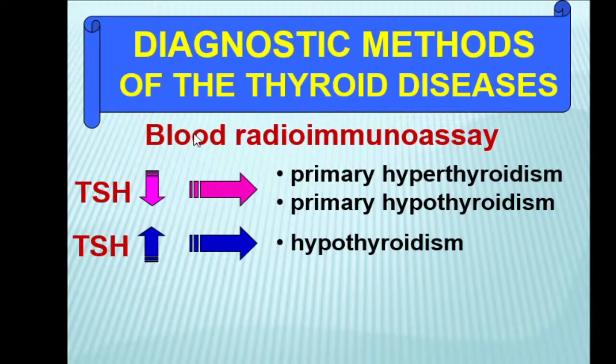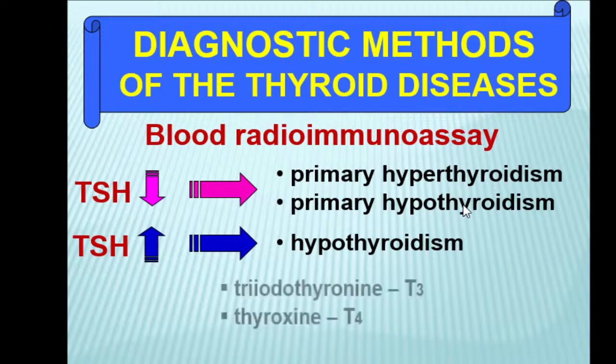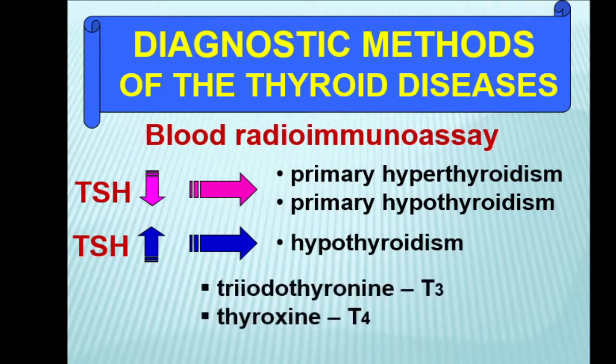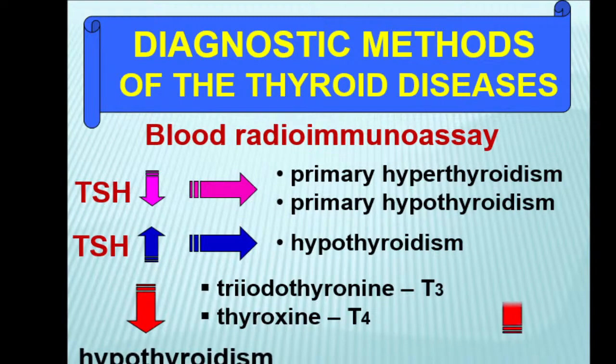In case of decreased thyroid-stimulating hormone, to differentiate hyper and hypothyroidism of primary origin, we'll send our patient for examination of active hormones of the thyroid gland, T3, triiodothyronine, and T4, thyroxine. If their level decreases, it is hypothyroidism. If their level increases, it is hyperthyroidism.